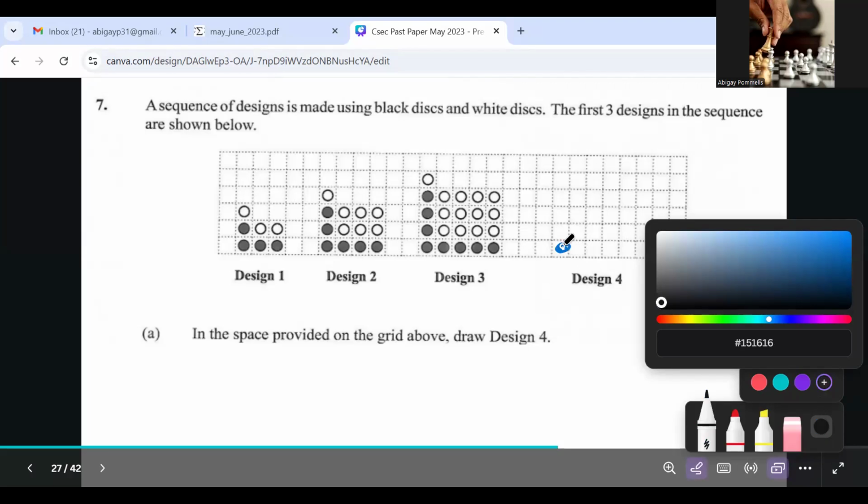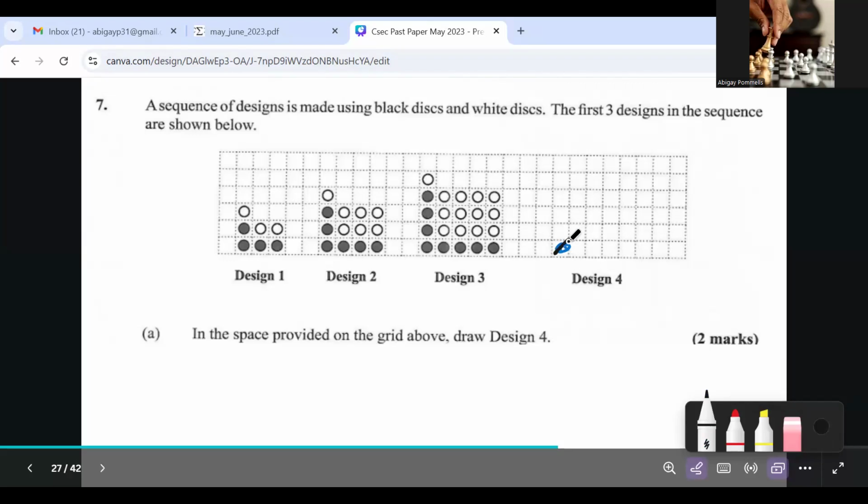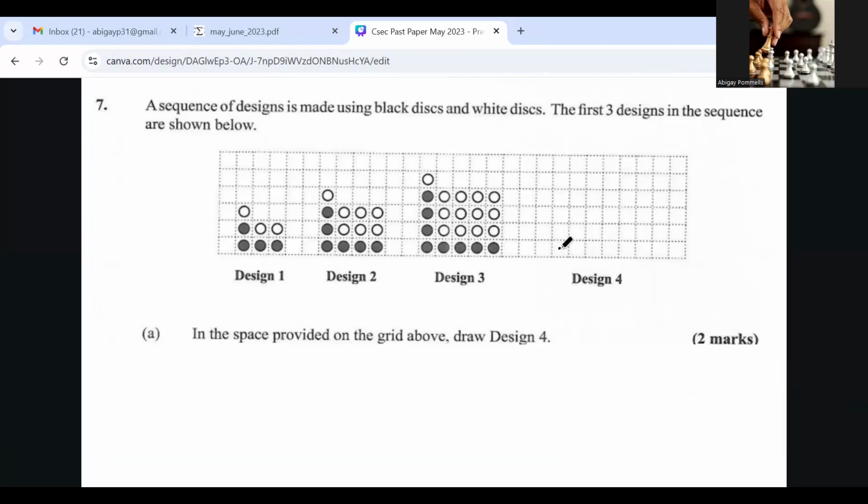All right, there we go. So the black is black. 1, 2, 3, 4, 5.